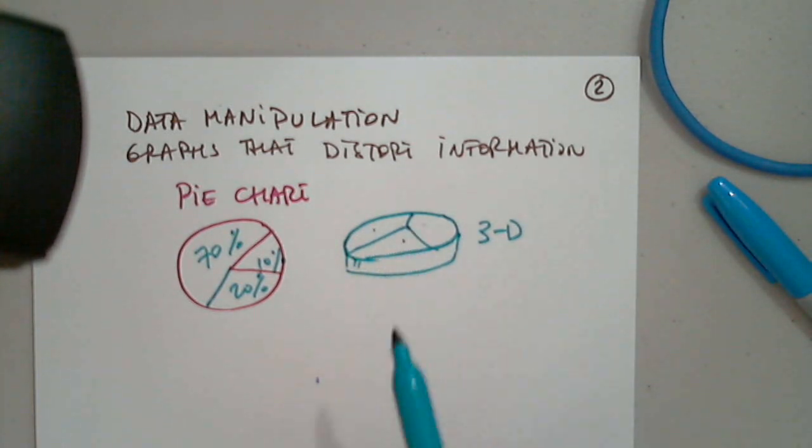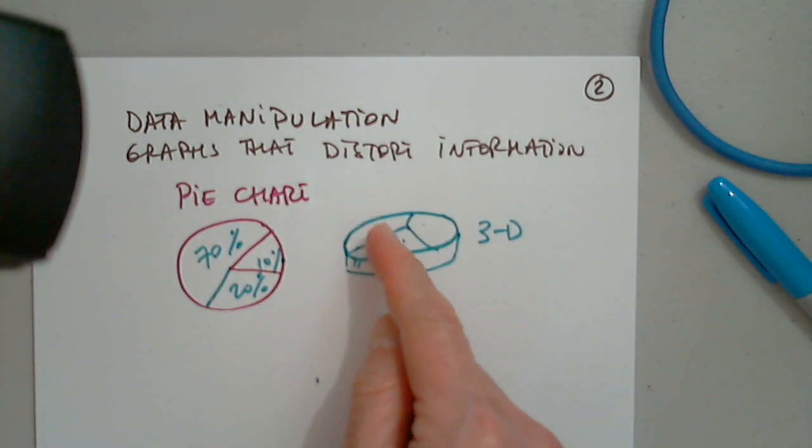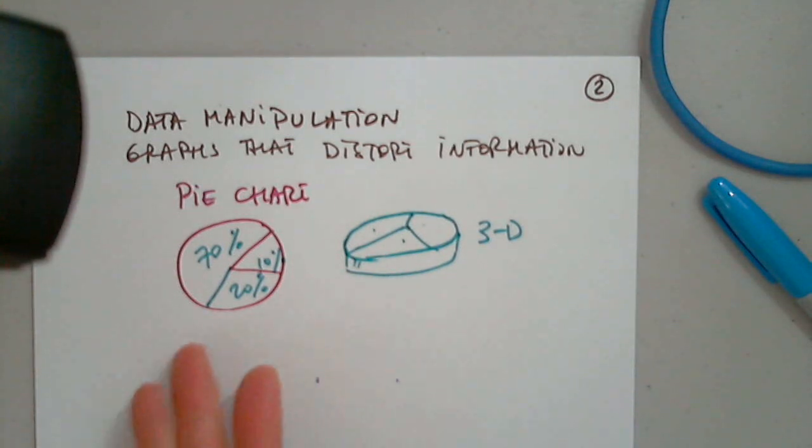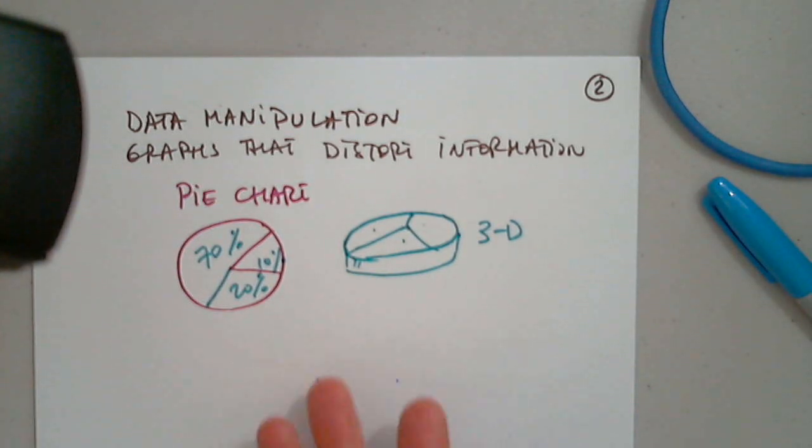They appear equally distributed. This looks to me like 33%, 33%, and 33%, which is not the case. So that's another chart that distorts the information. Okay, so that was the end really of chapter 2.